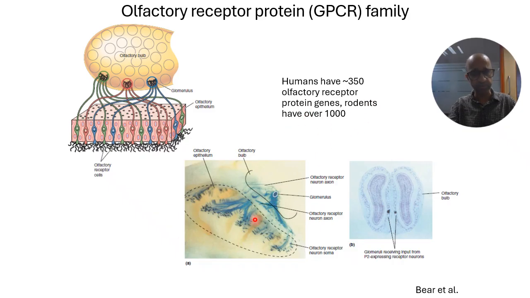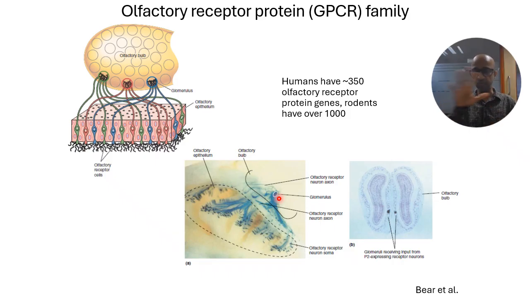Each of these receptors projects onto one particular part of the olfactory bulb called the glomerulus. So one single olfactory receptor protein is expressed in a whole bunch of different olfactory receptor neurons, but all their inputs converge onto a very small region of the olfactory bulb called the glomerulus, which sends information to a small number of neurons in the olfactory bulb.